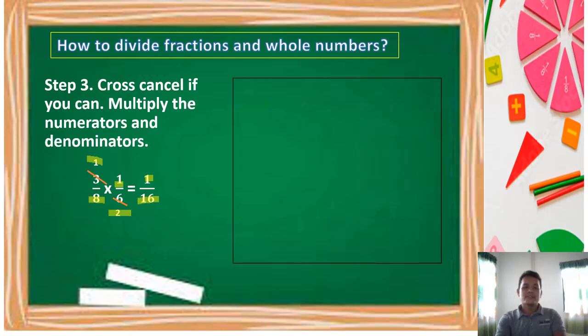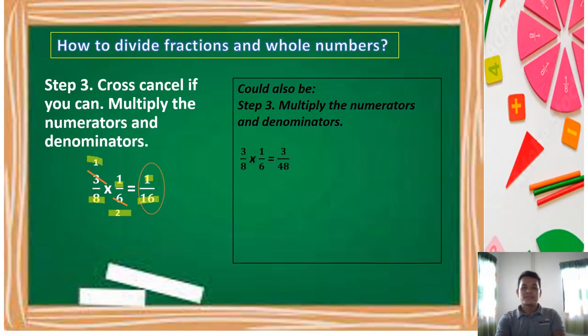Or, there is another option. It could also be to multiply the numerators and denominators first without cross cancellation. Example, 3/8 times 1/6, that is simply equal to 3 times 1 equals 3. Then 8 times 6 equals 48. So we have here 3/48.